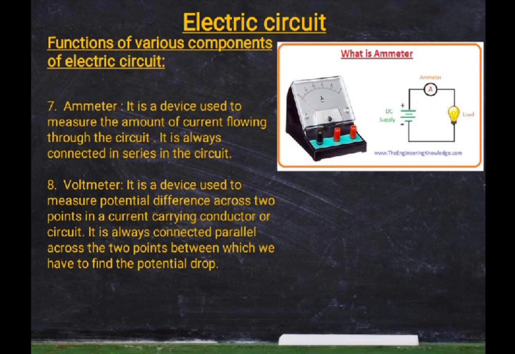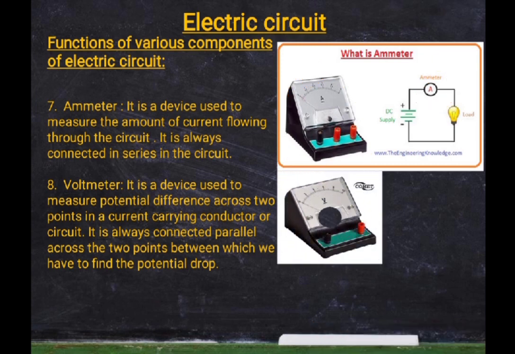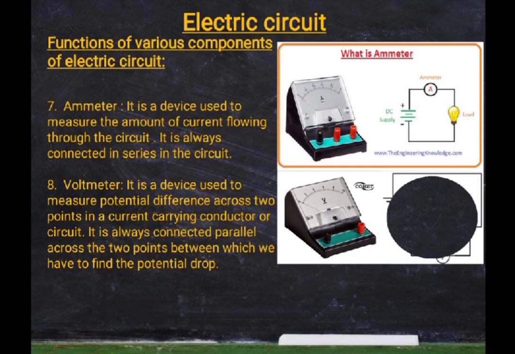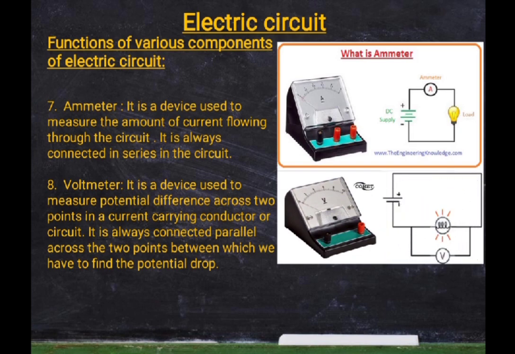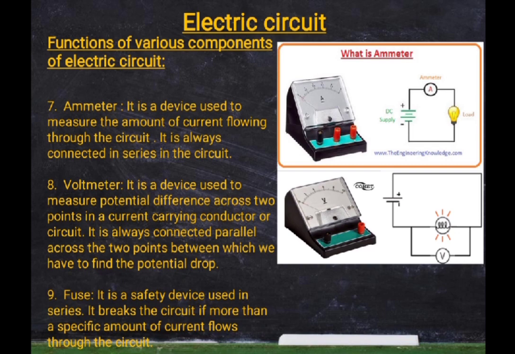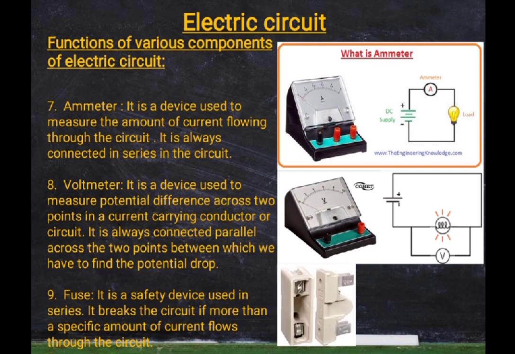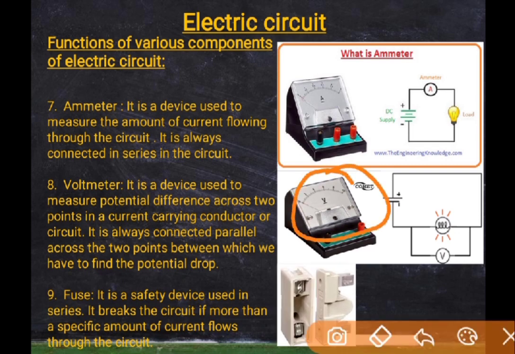Now if you want to measure the amount of potential drop across two points in a current carrying conductor, then you have to use a voltmeter, right? So this is the voltmeter and this is always connected in parallel, across two points in a current carrying circuit.